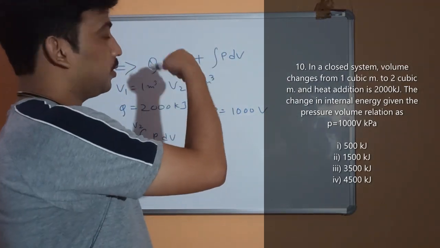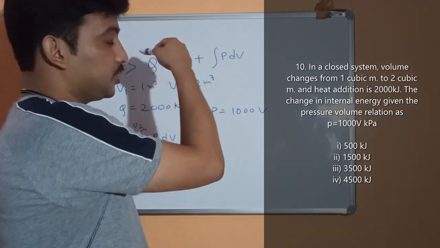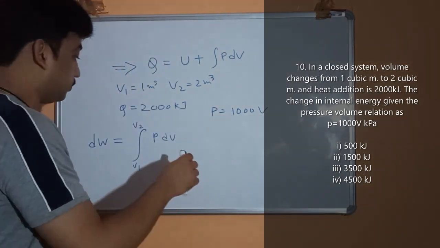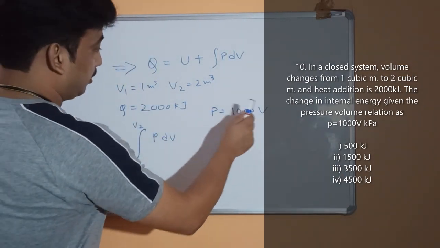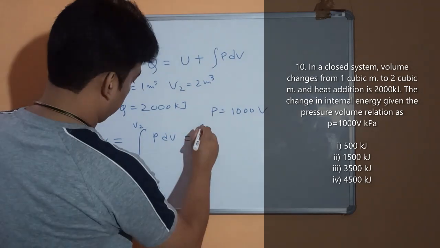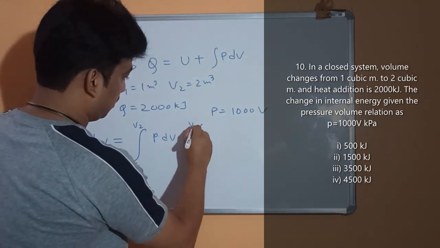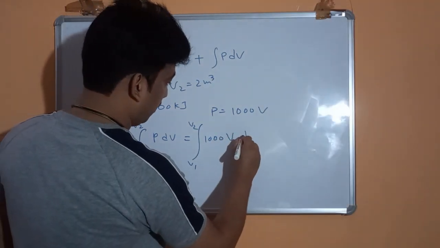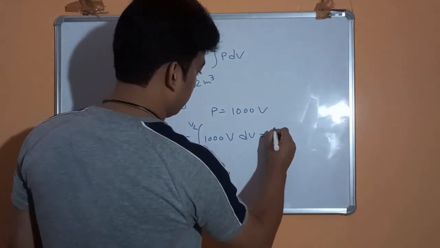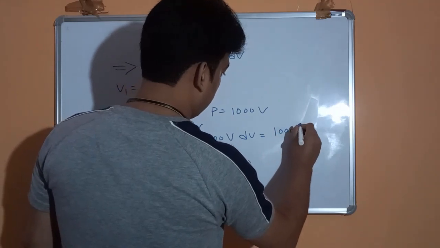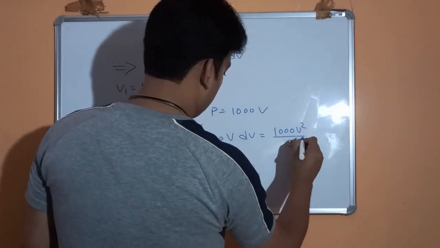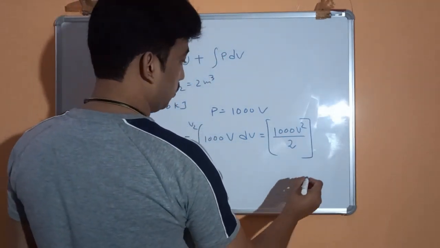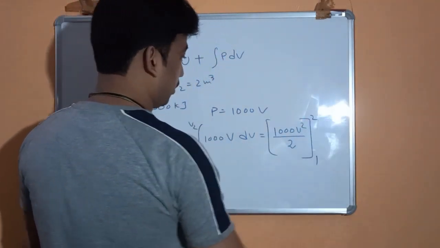But here we are talking about the whole process. That's why we have to use integration, and it will be Q equal to change in U plus integration of PdV. Since it is given that P equals 1000 V, we can put integration from V1 to V2 of 1000 V dV, which will be equal to 1000 V square by 2, with volume going from 1 to 2 meter cube.